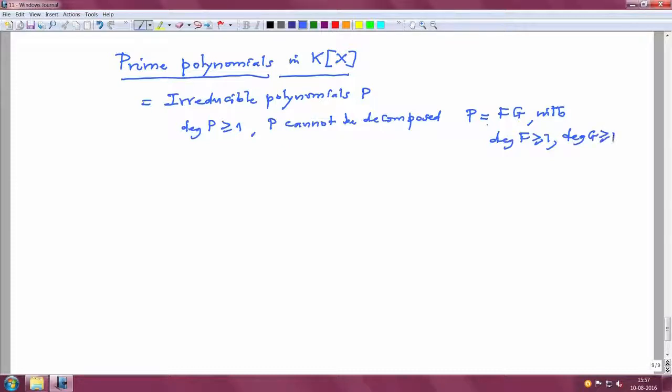You cannot decompose it into a product, and in addition to that p is monic.